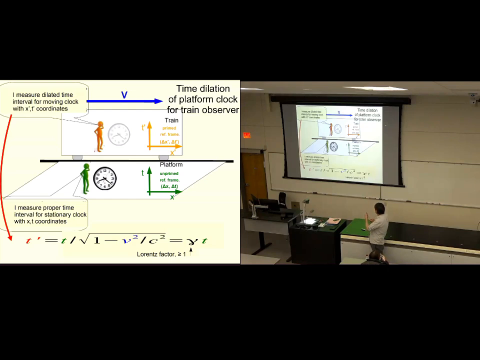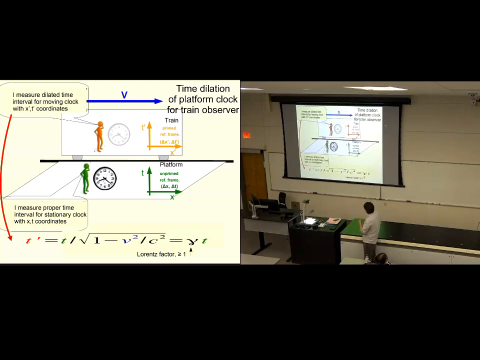To distinguish between the two, the one's green and one's orange, but I've also labeled them. For the platform reference frame, the coordinates are x and t. For the train reference frame, the passenger reference frame, the coordinates are x prime, t prime. So that distinguishes the two reference frames.